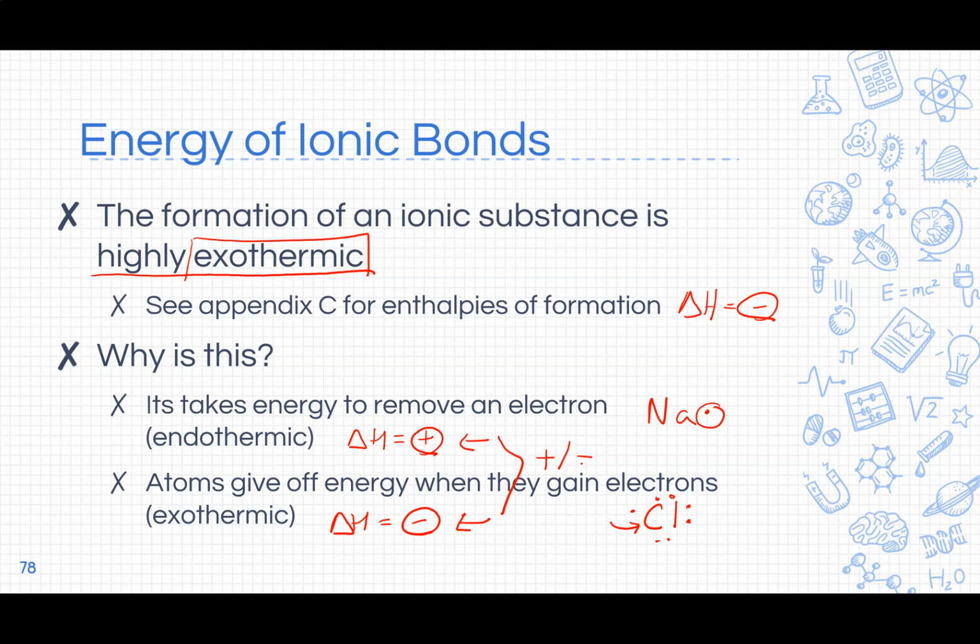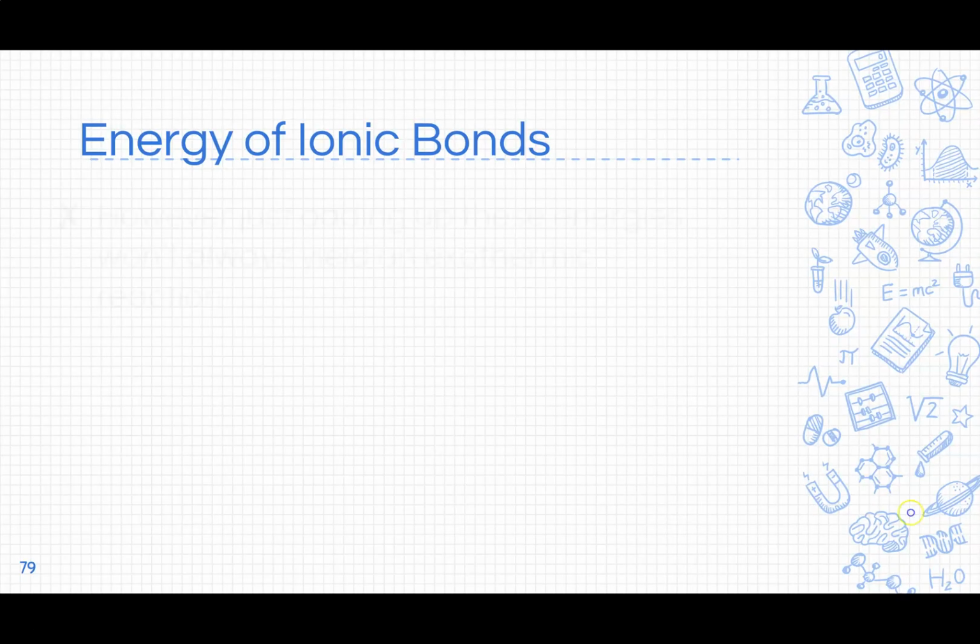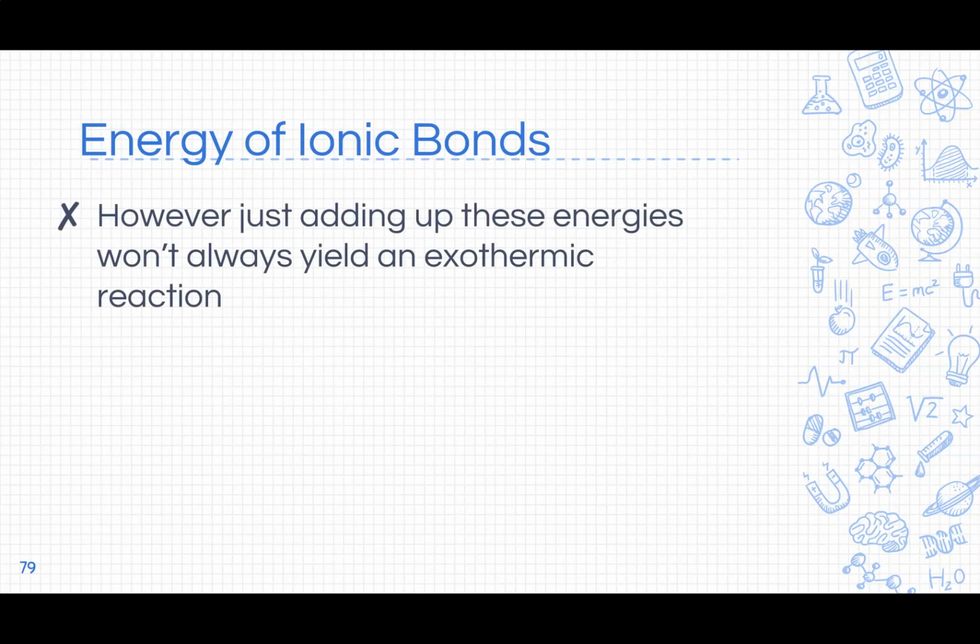So how can we say that the formation of an ionic substance is always exothermic? Well, it turns out by just adding up the 2 delta H's of removing and gaining the electron, that wouldn't always yield an exothermic reaction.